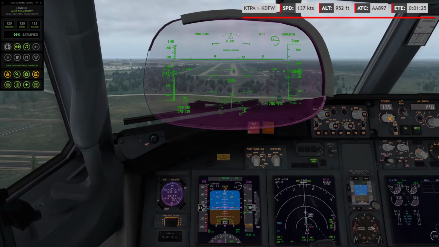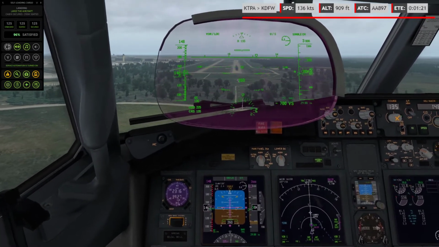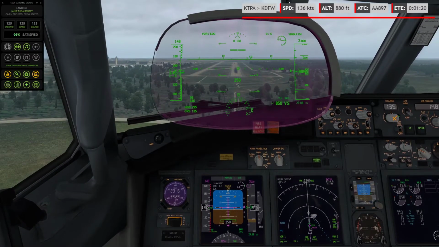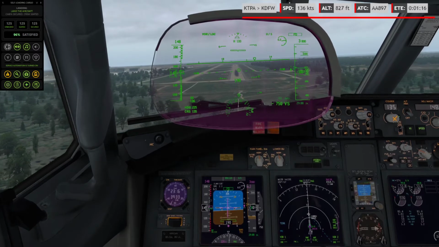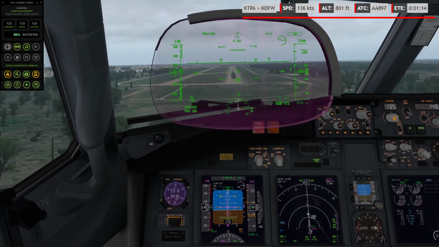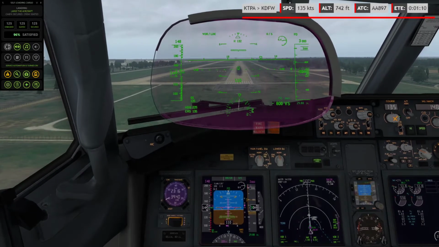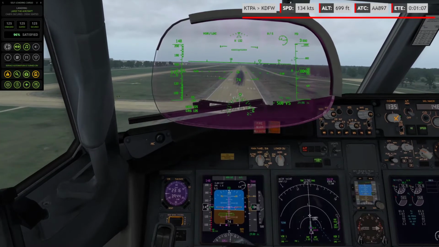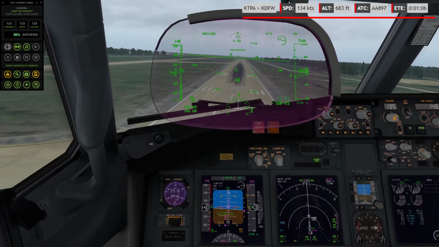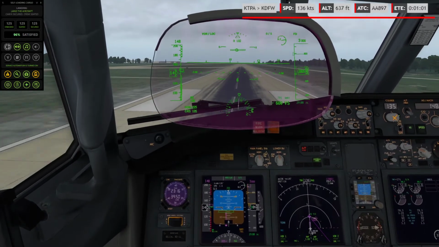Approaching minimums. Minimums. 200. $50, $40, $30, $20, $10.